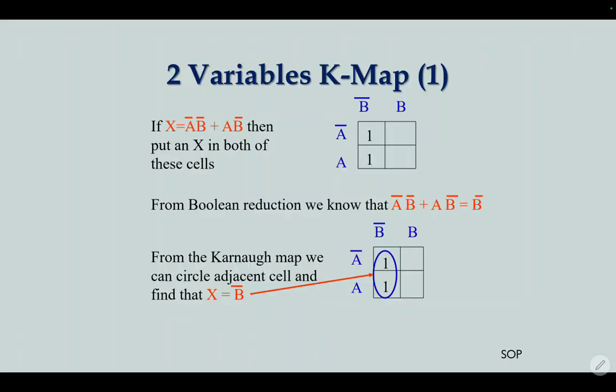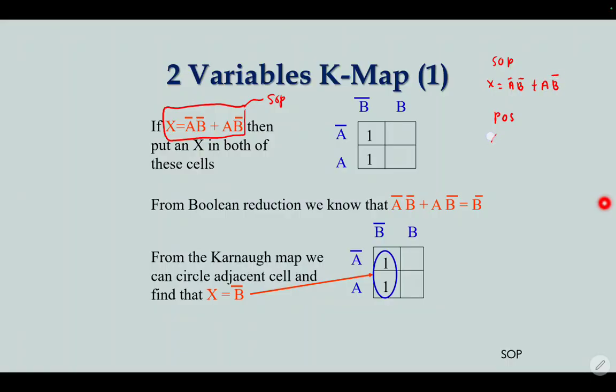In this example, you got X equals to A bar B bar plus A B bar. By looking at this, you know that this equation is SOP. So let's refresh what SOP and POS equations are. For SOP, you can have X equals to A bar B bar plus A B bar.